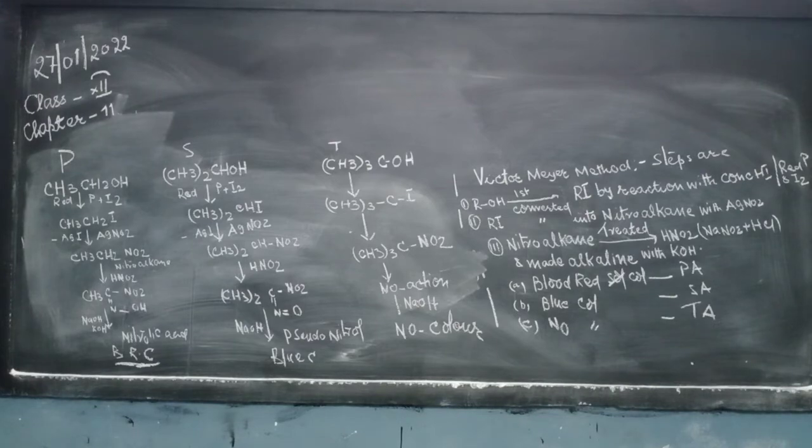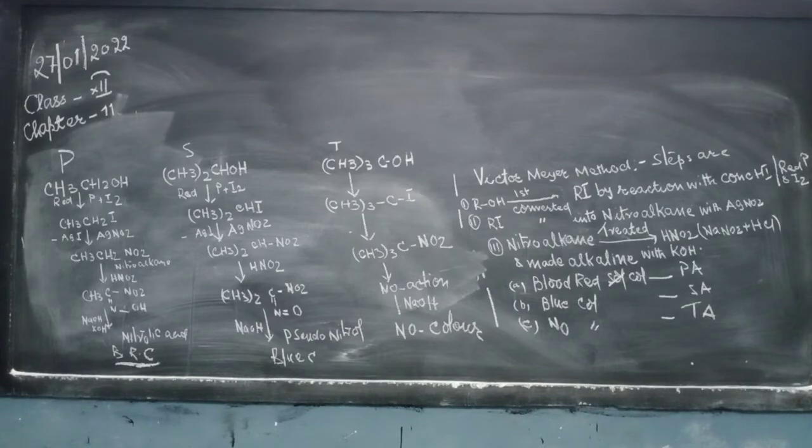P indicates primary alcohol. CH3CH2OH is treated with red phosphorus and iodine, forming alkyl iodide. Alkyl iodide is treated with silver nitrite. As a result, nitroalkane is formed.